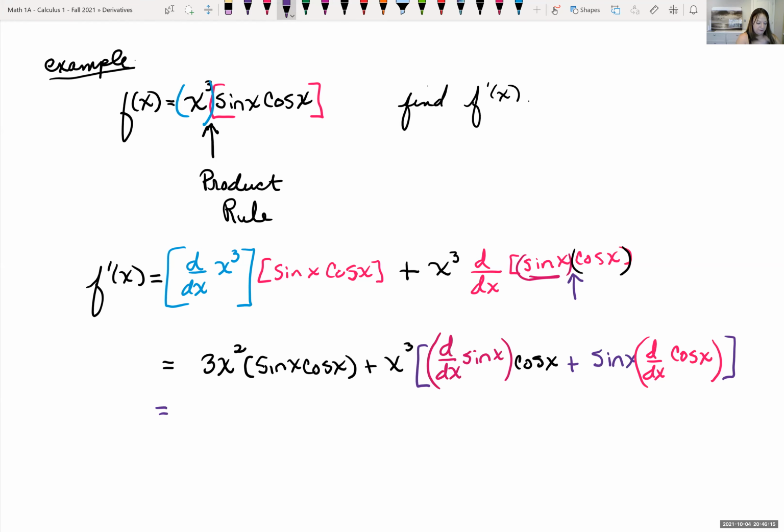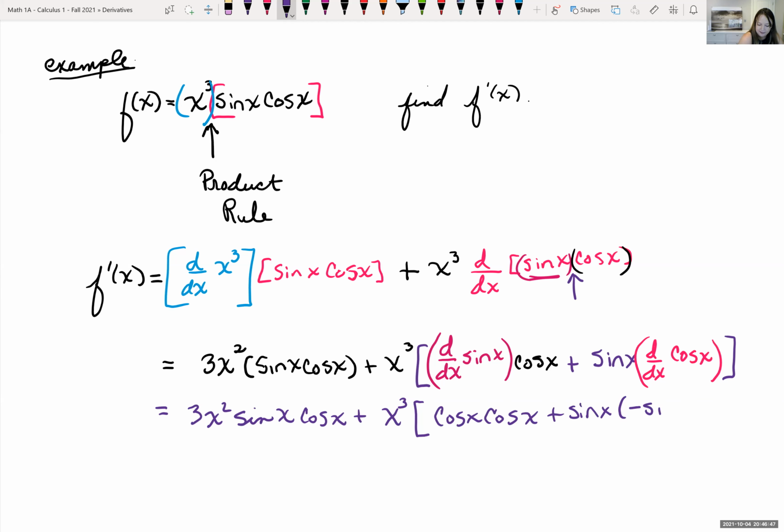Okay, so that first grouping, we're all done. We have 3x squared sine x cosine x, plus x cubed. So inside that bracket, derivative of sine x doesn't have the co, so it's going to be positive. So this is cosine of x times cosine of x plus sine x, and then the derivative of cosine of x, it has a co, so it's going to be negative.